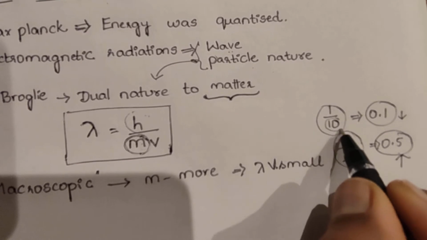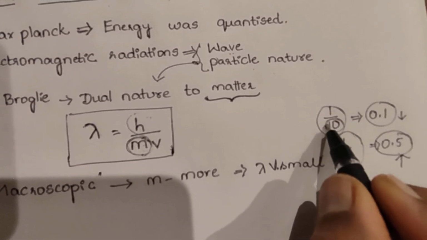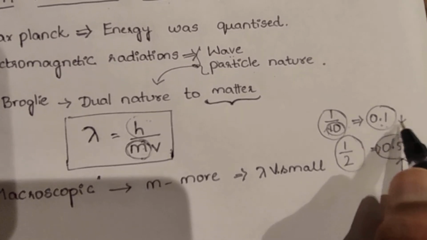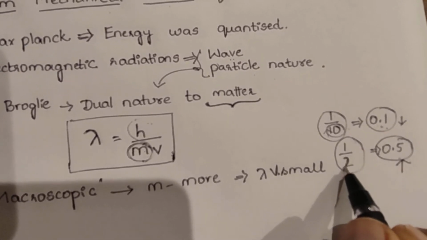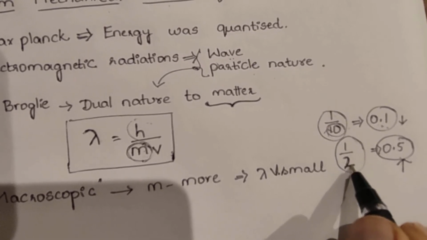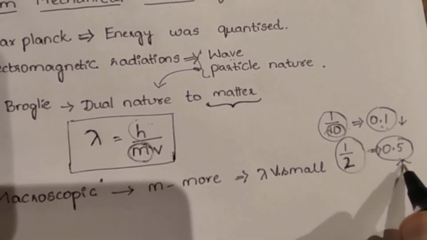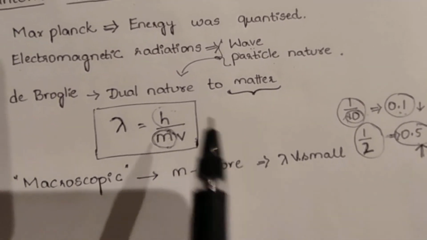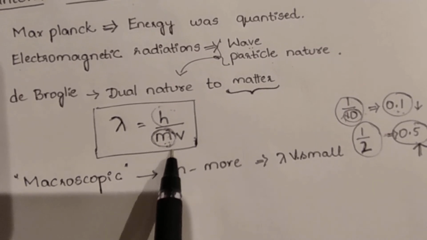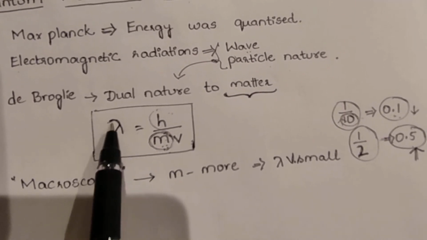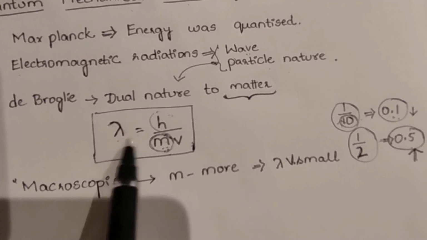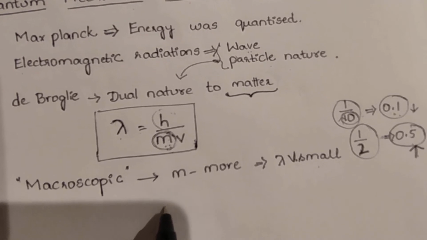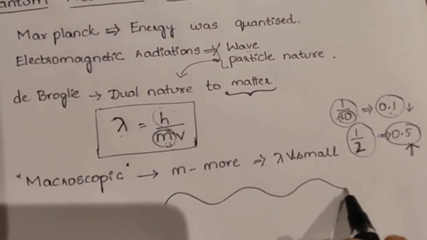Means as the denominator value increases, the resultant answer we are getting will be less. When we take a denominator which has less value, then comparatively we'll get a bigger resultant value. Similarly, if the mass value is more, then the resultant answer, lambda wavelength, will be very small. So this is a wave.